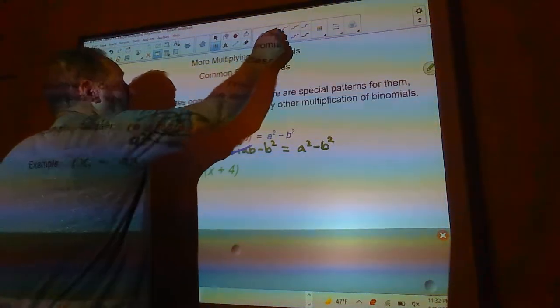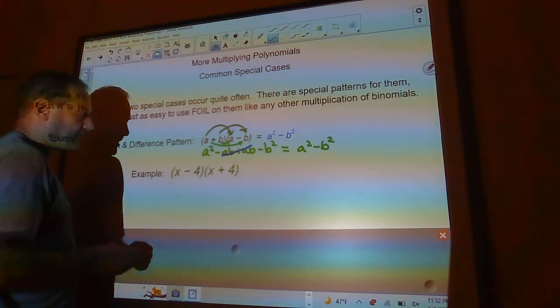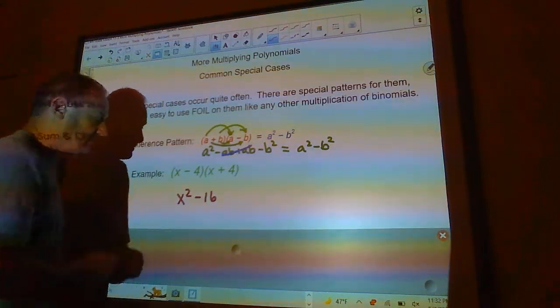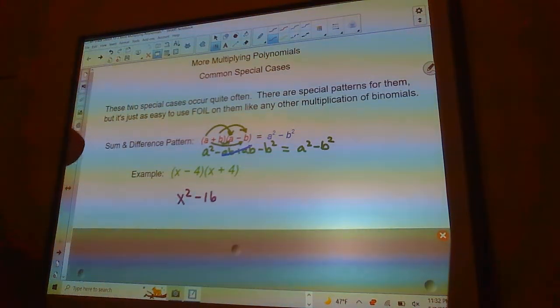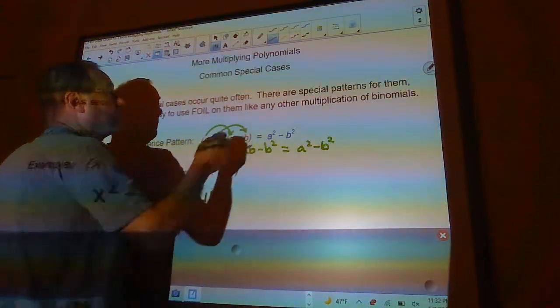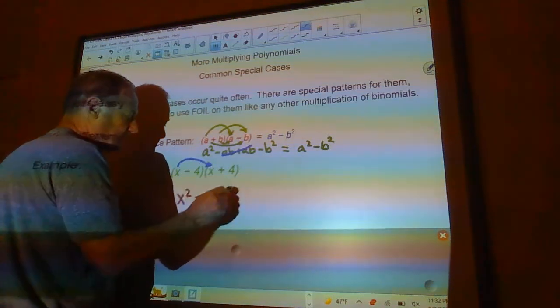X minus 4 times x plus 4. This would be one you should just be able to look at it and go, you know what, that's going to be x squared minus 16. Then again, if you don't see that right away, you can always take this thing and FOIL it. So x times x would be x squared.